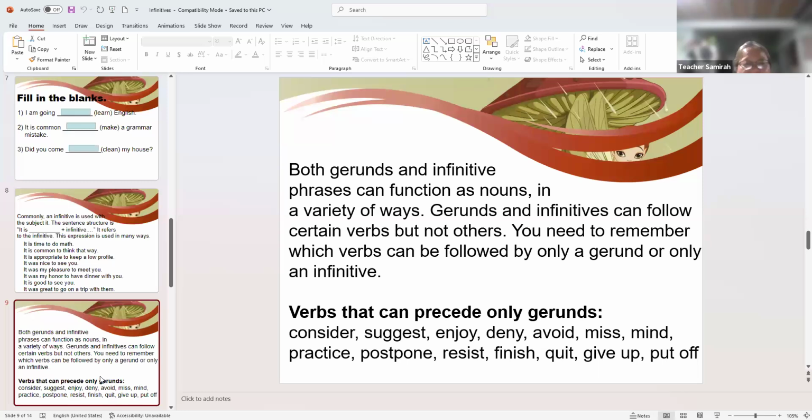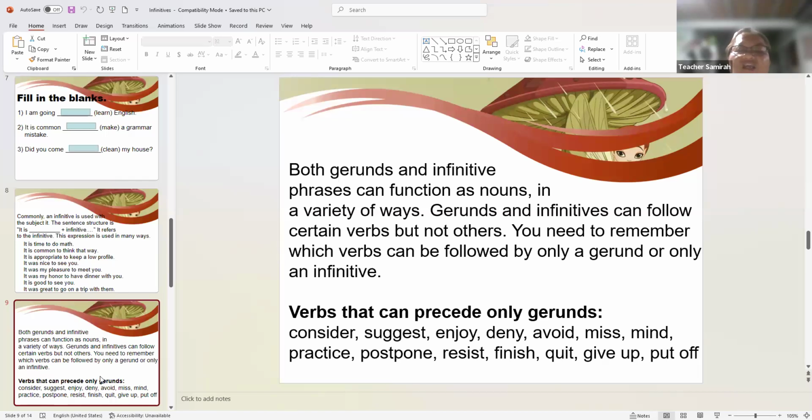So look at this. Both gerunds and infinitive phrases can function as nouns. We all know that earlier, right? The verb will become a noun if it is made into a gerund or turned into an infinitive; they will now function as nouns.